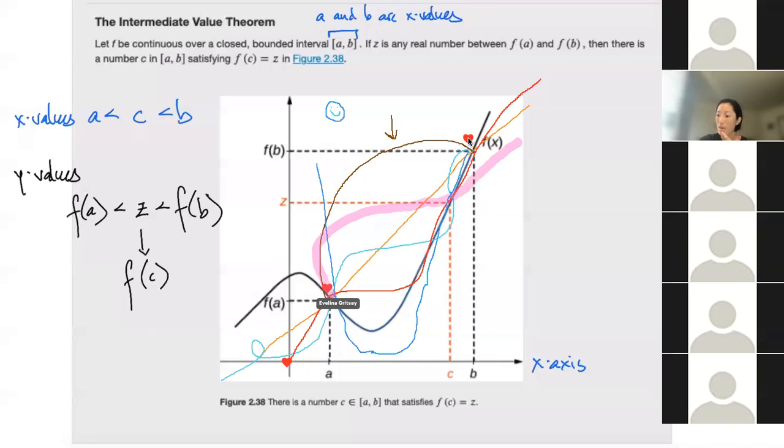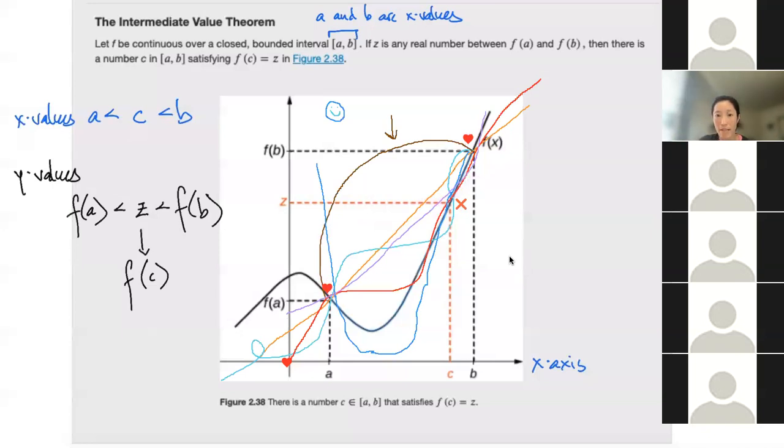Now, I don't know that all of them go through, let me pick a different stamp. Not all of them go through c comma z, and that's actually okay. Because I want you to notice something.